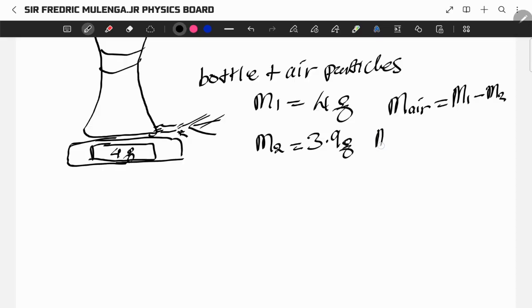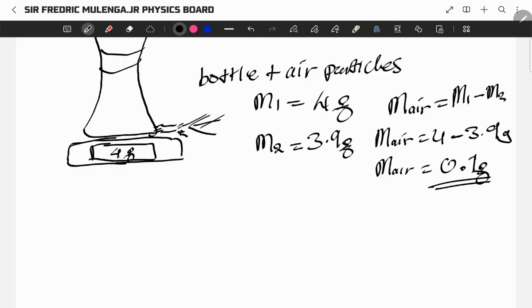This will be 4 minus 3.9 grams. So what does that give us? The mass of air will be 0.1 gram. That's how we find it.